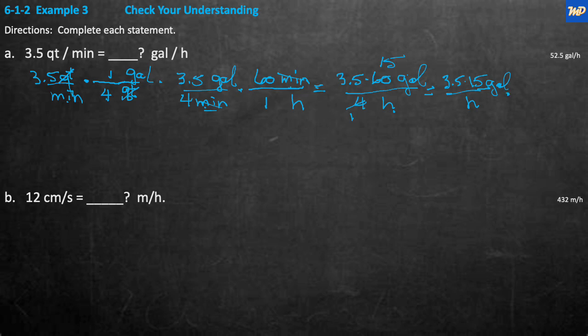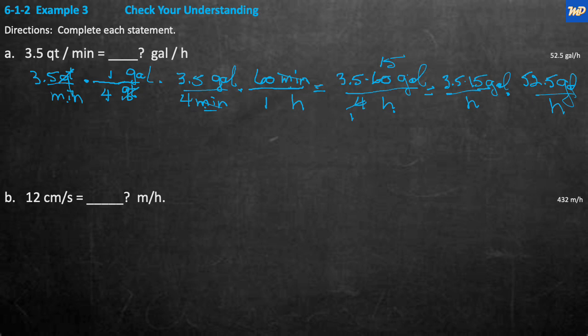And when we multiply that out, 15 times 3 is 45. A half of 15 is 7.5. 45 and 7.5 is equal to 52.5 gallons per hour. The hours are here, the gallons are here, and we just had to multiply those together.